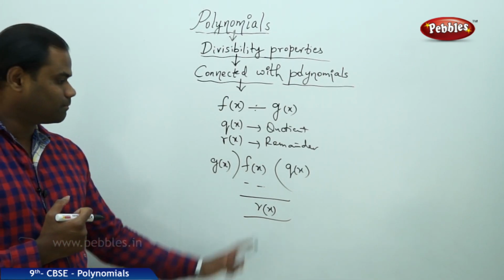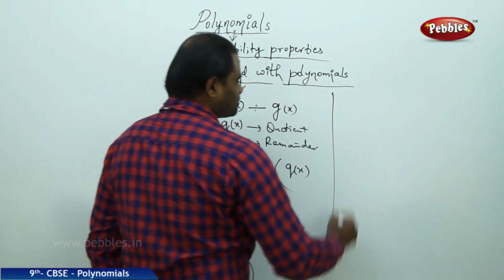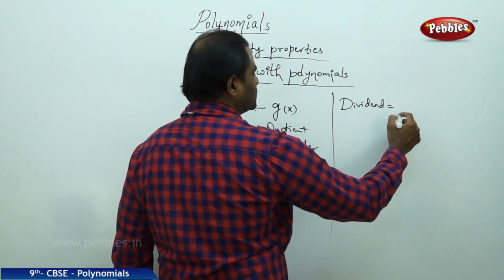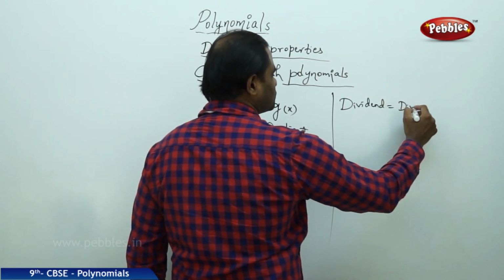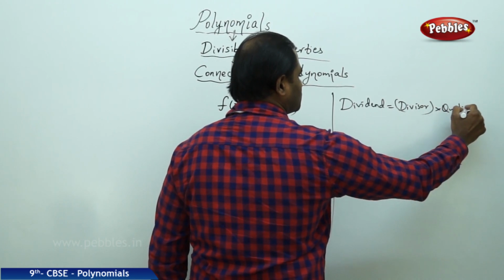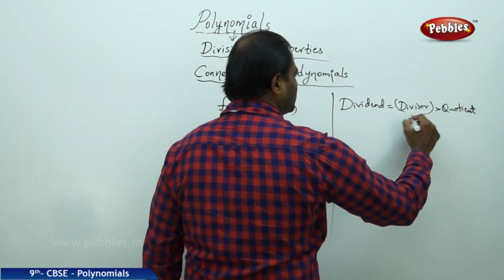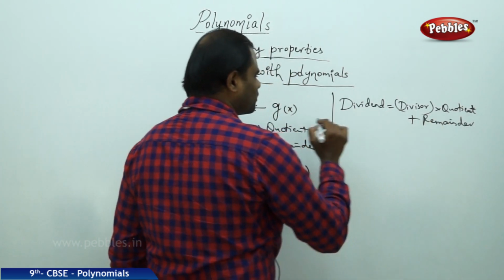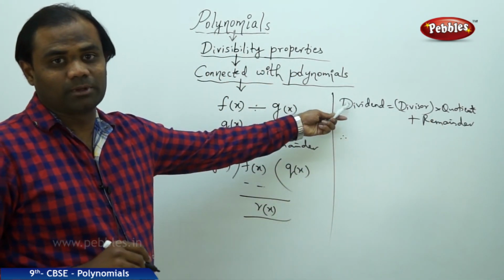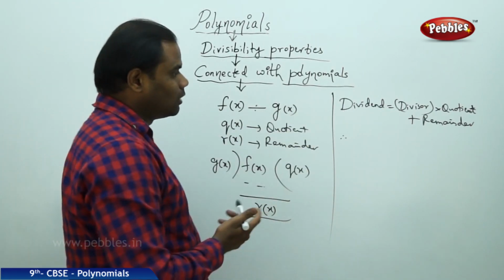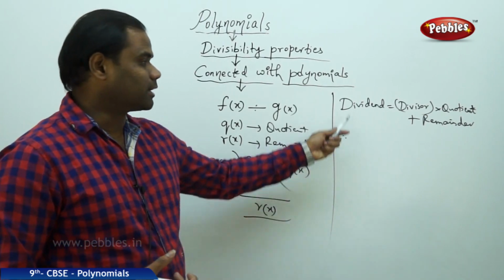And interestingly, here the property says dividend is divisor into quotient plus remainder. Therefore, using this divisibility property, which is called the division algorithm, let's see how the polynomials get connected.